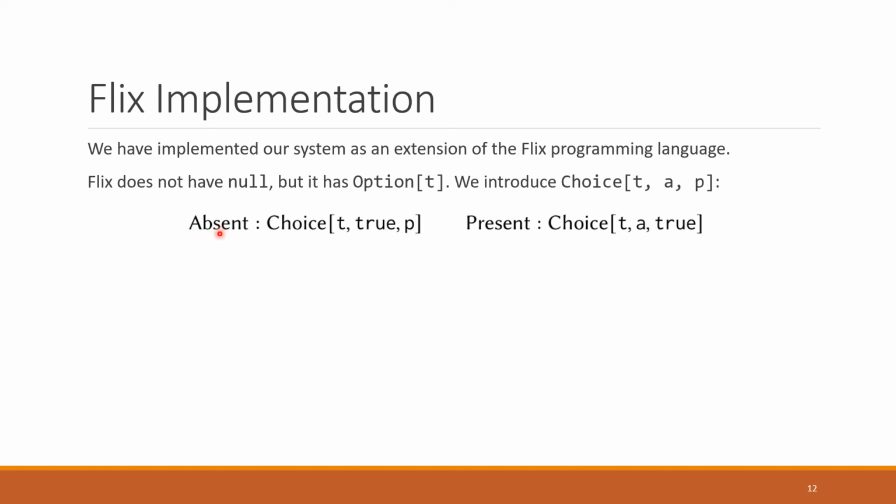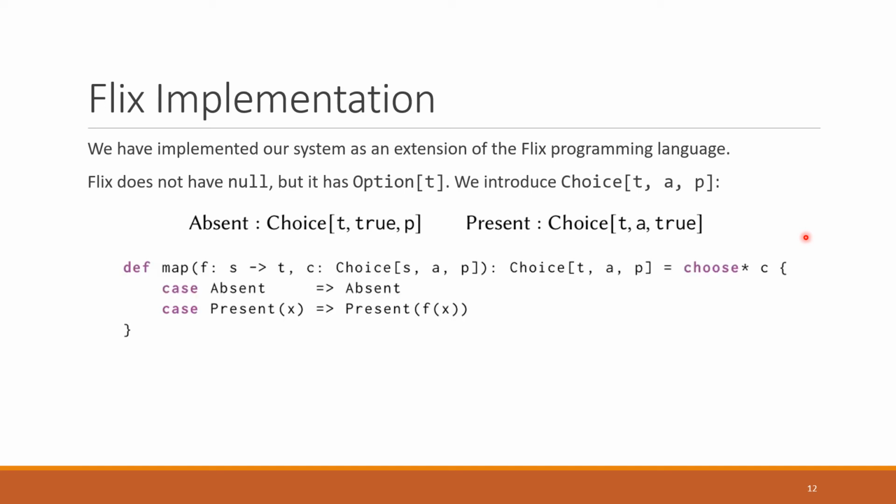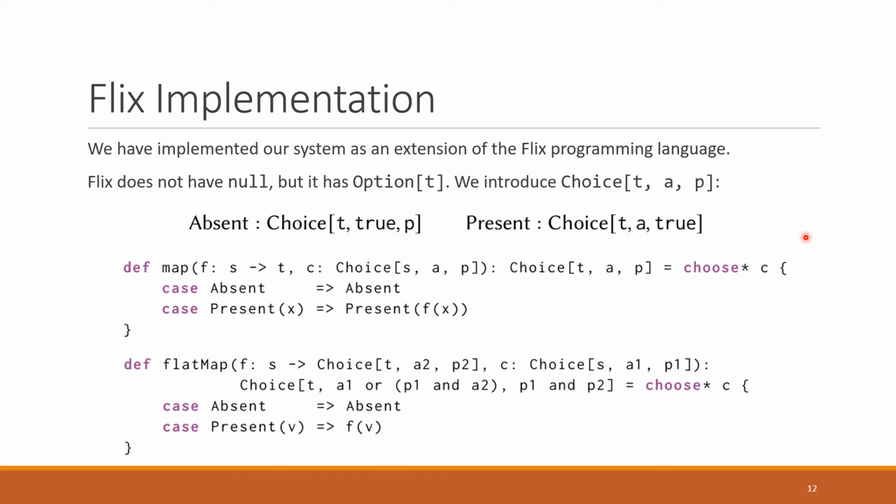So absent is like none or like null, and present is like a non-null value or a sum value, if you will. And then using the type system and this data type, we can write combinators such as map and such as flat map, which is also known as monadic bind.